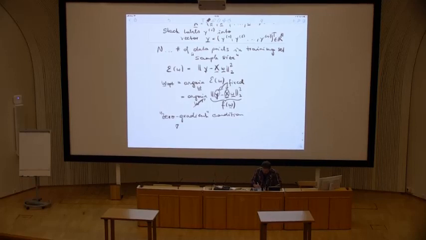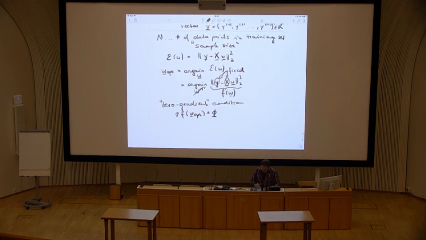Which means that the gradient of this objective function at the optimal weight vector has to be the zero vector. So now we plug in the particular expression for this objective function.